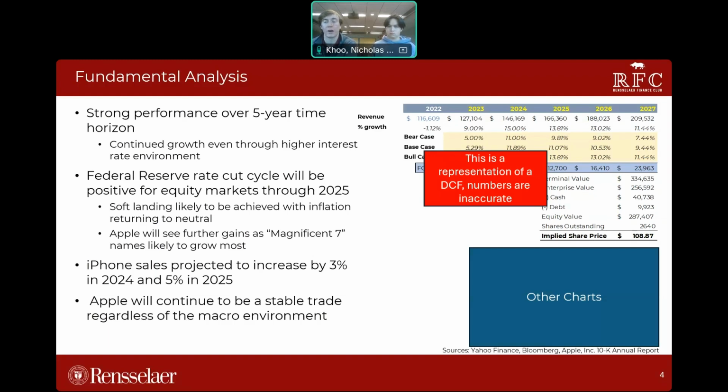But I just put it in there so that you can get a good idea of what we're looking for as far as valuation or charting. It should look pretty neat, like I have it in there. It doesn't have to be super in-depth or technical, but we're looking for some numbers and some growth outlook and growth percentages to then back that out into an implied share price or a target price.